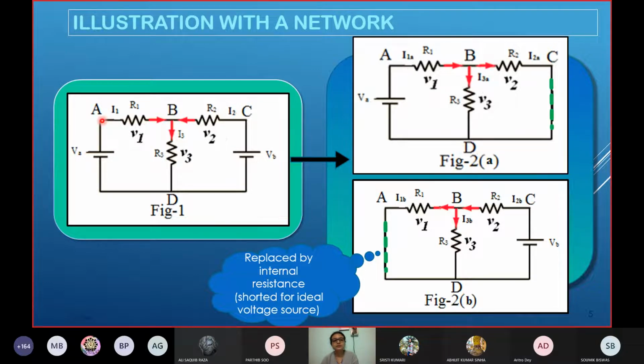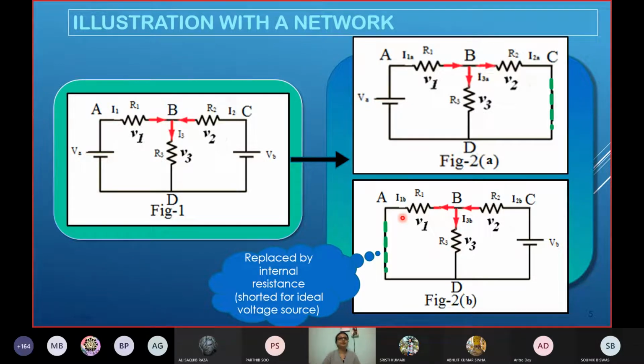First VA is considered over here. Say, the effect here: the current flowing through R1 is I1A, through R2 is I2A, and through R3 is I3A. Next task is to omit this VA and insert VB in its previous position.